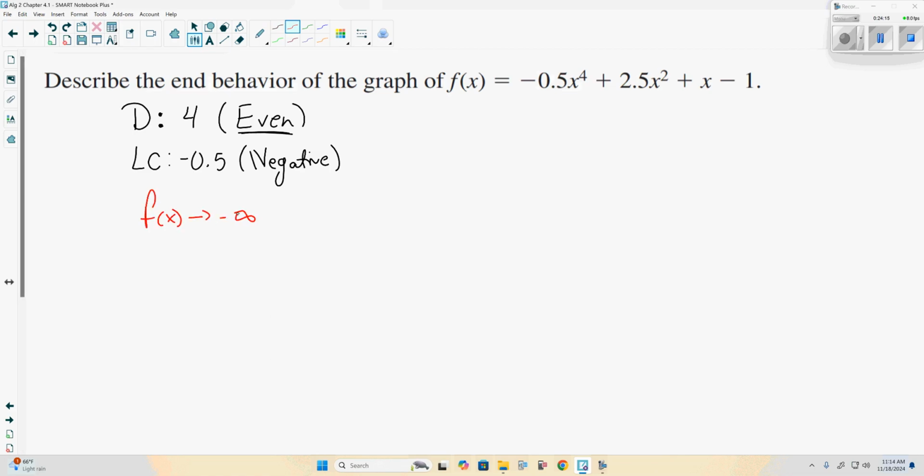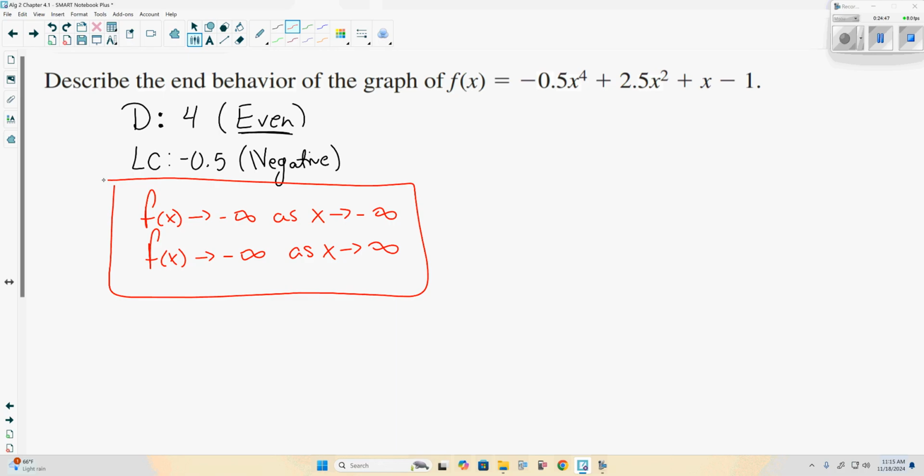F of x approaches negative infinity as x approaches negative infinity. F of x approaches negative infinity as x approaches infinity. And that's it. That's the full answer. That's all we have to do.